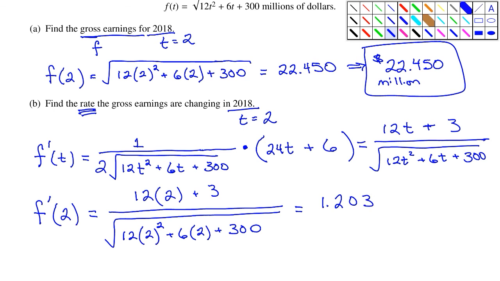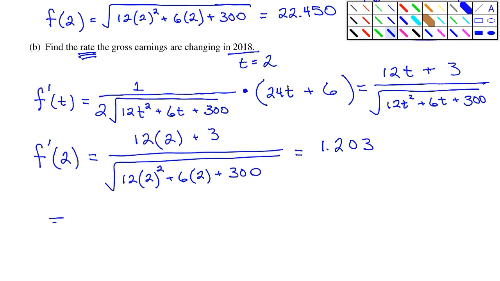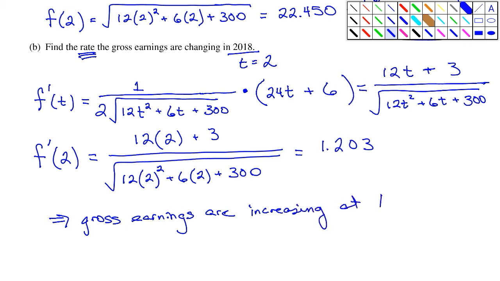1.203, which we translate and interpret to be that gross earnings are, because the derivative is positive, we say that they are increasing at the rate of $1.203 million per, and then what was the time frame for the t?